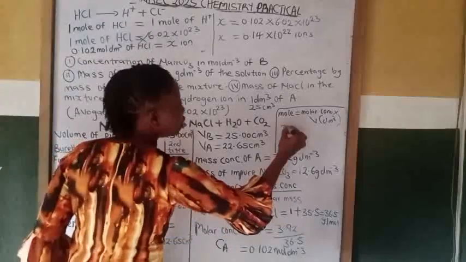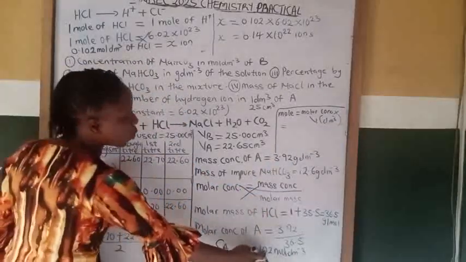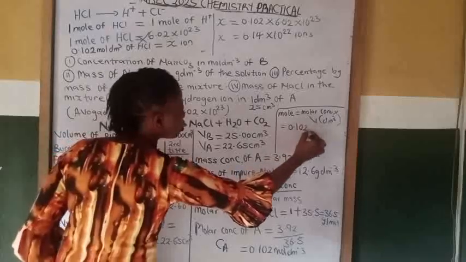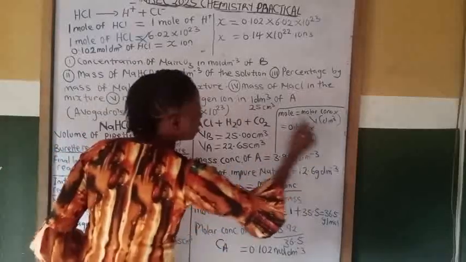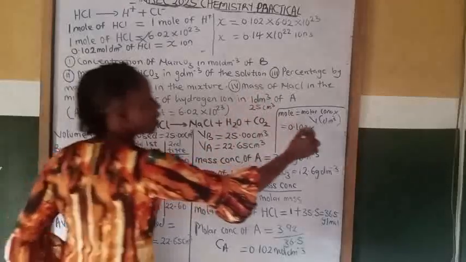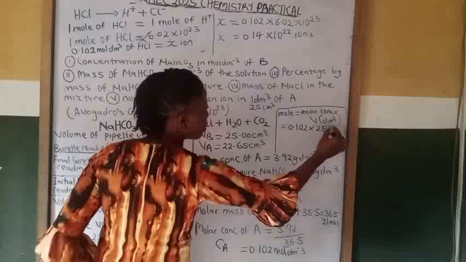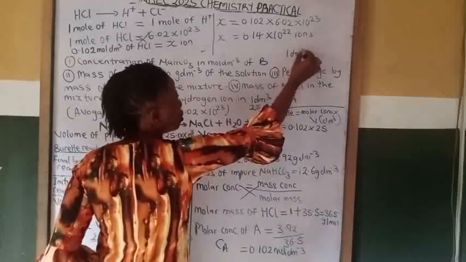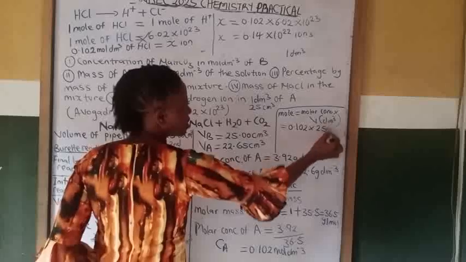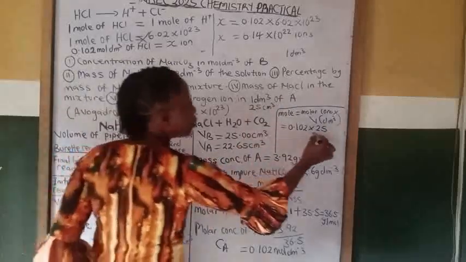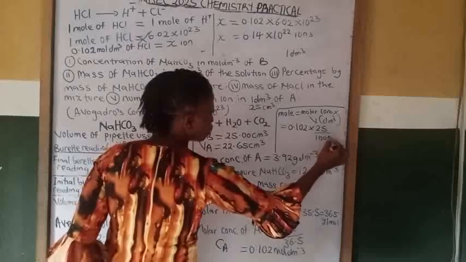So your molar concentration is 0.102, times the new volume, which is not in dm cube but in 25 centimeter cube. 1 dm cube is equivalent to 1000 centimeter cube. So to convert this 25 centimeter cube, you divide it by 1000.